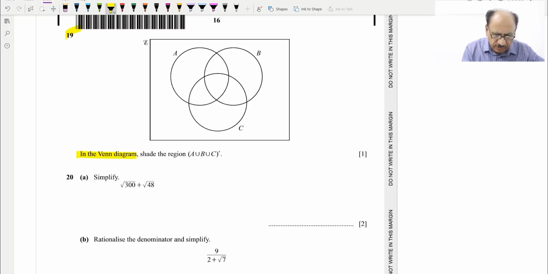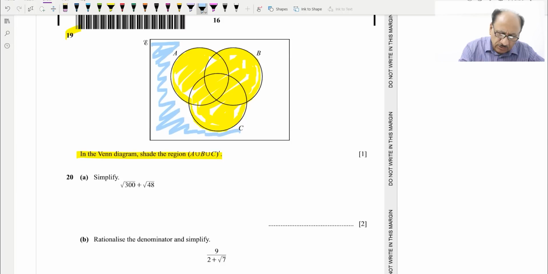Now question number 19, which is a Venn diagram question, only a 1 mark question. They are saying in the Venn diagram, shade the region A union B union C and the complement of it. So we have to identify A union B union C, which is this whole region which we are shading. If we want its complement, this will be the outer region, which we can shade like this.